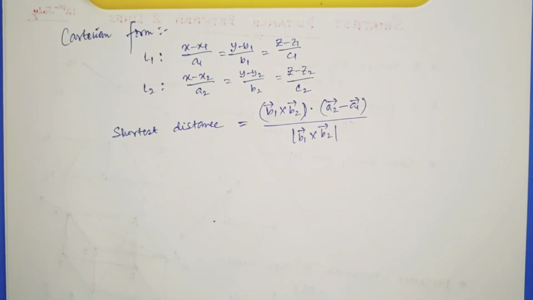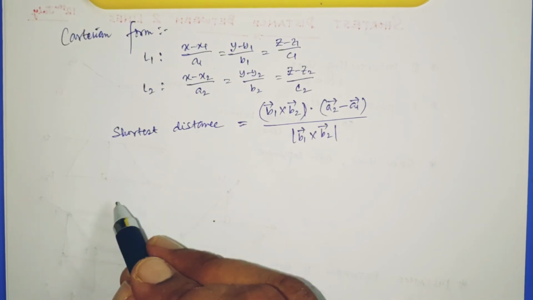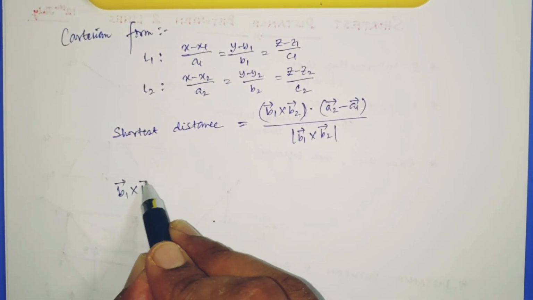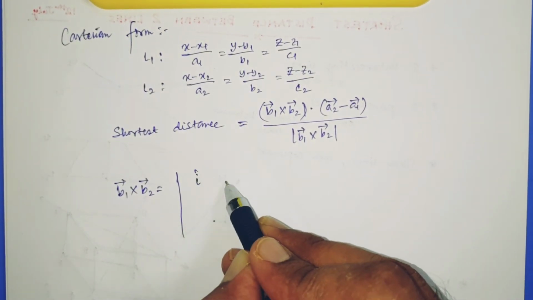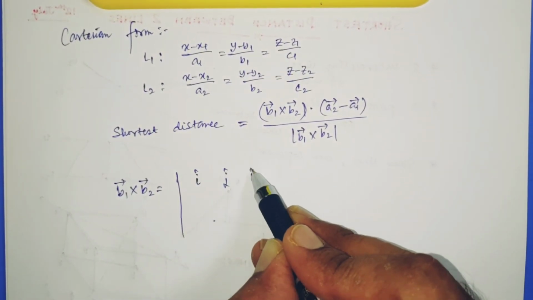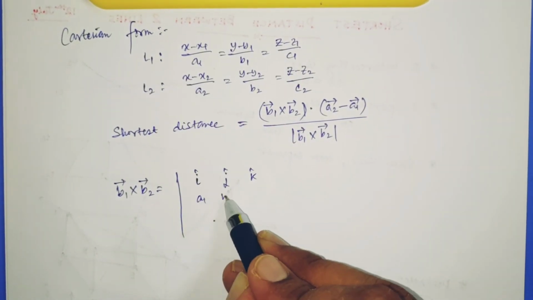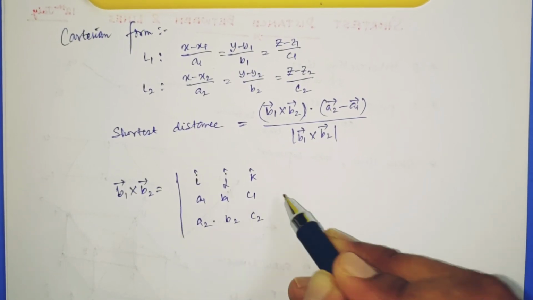This was it, right? So first I have to find B1 cross B2. I am deriving that Cartesian form. So B1 cross B2 will be the determinant with i, j, k, then a1, b1, c1, then a2, b2, c2, right?